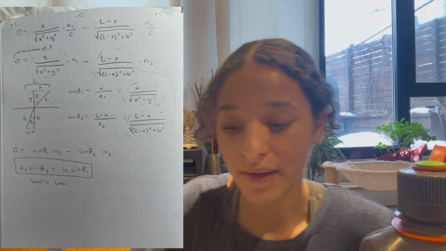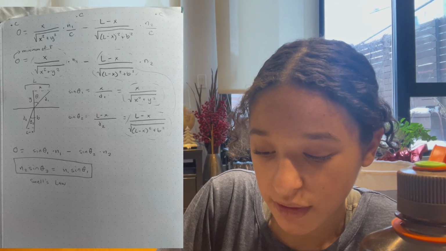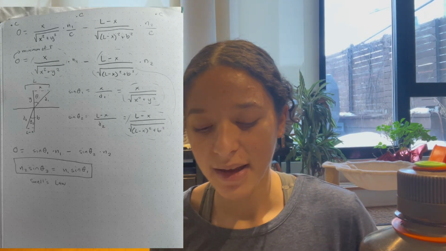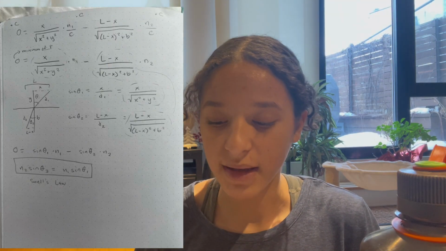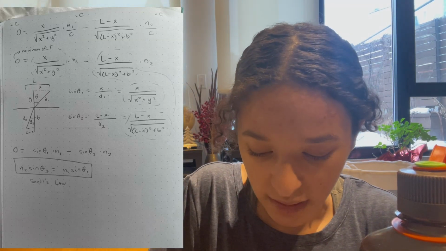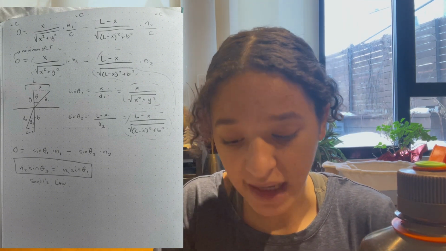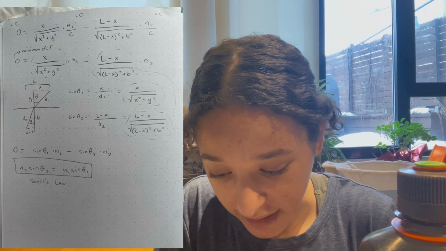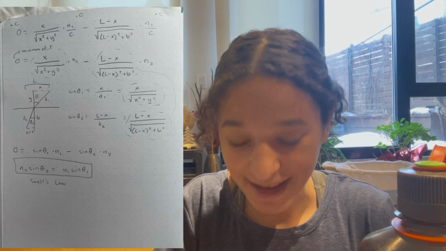So that is sine of theta 2. So we have minus sine of theta 2 times n2. Okay, now we can add sine of theta 2 times n2 to both sides. Let's move the n2 in front of it. So n2 times sine of theta 2 is equal to n1 times sine of theta 1. And that is Snell's law for you.